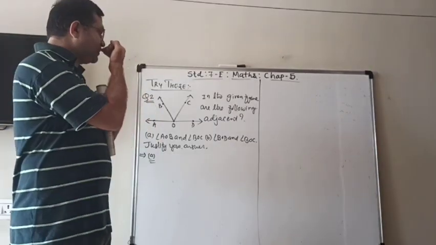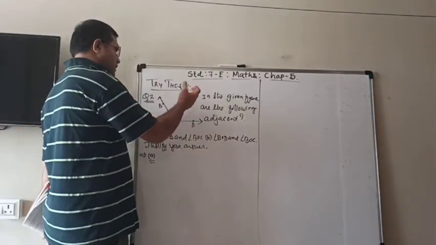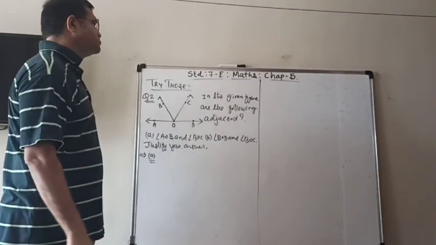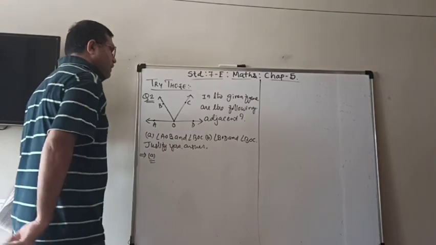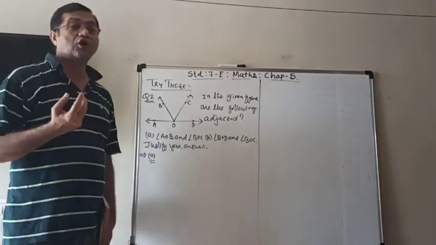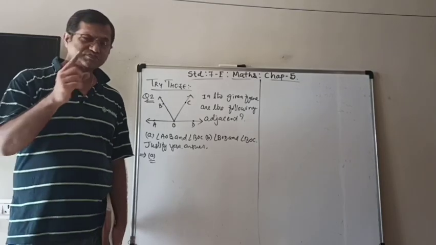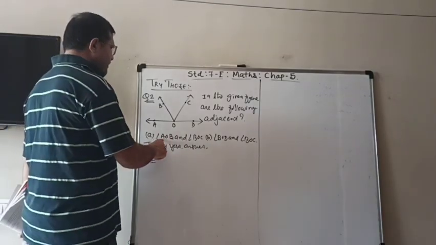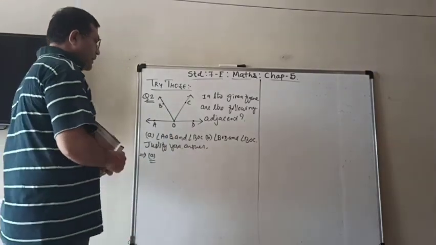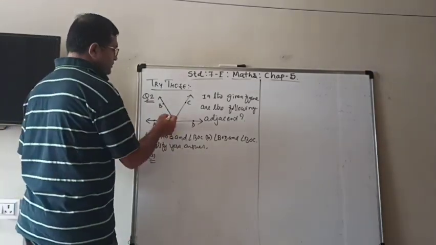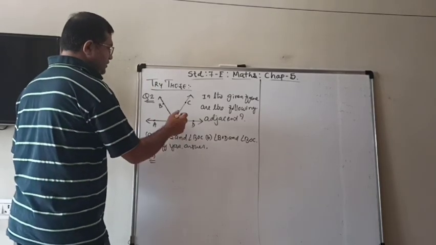Now question number 2. Here the figure is given, and in the given figure we have to check whether these two pairs are adjacent or not, and we have to justify the answer also. The first pair is angle AOB and angle BOC. Angle AOB means here, and angle BOC is here.